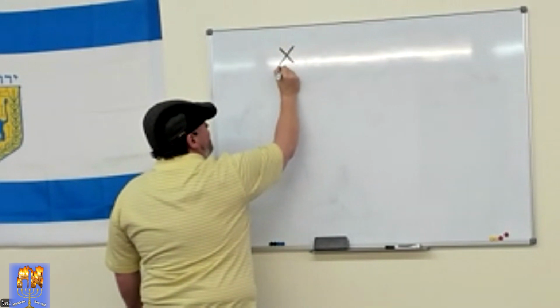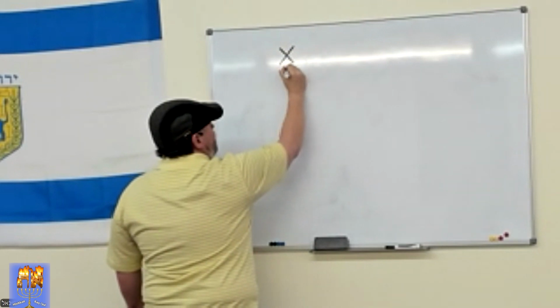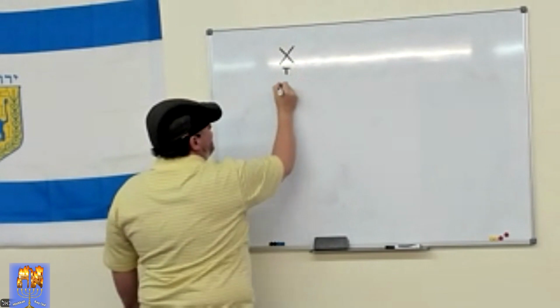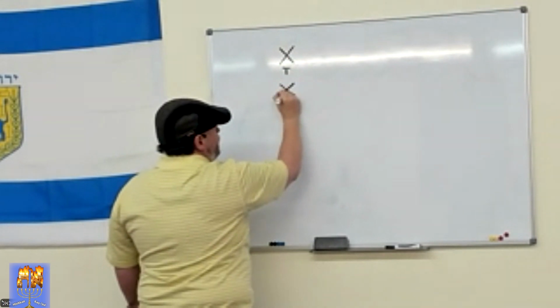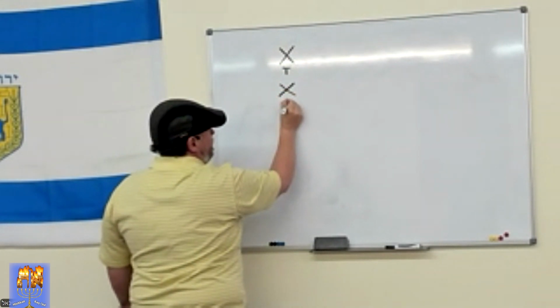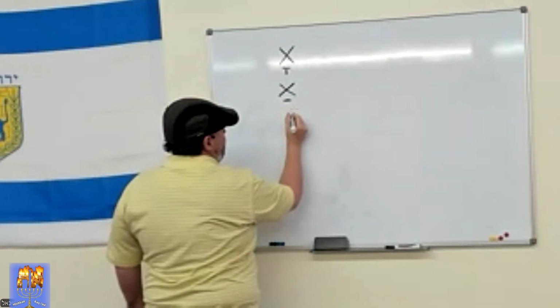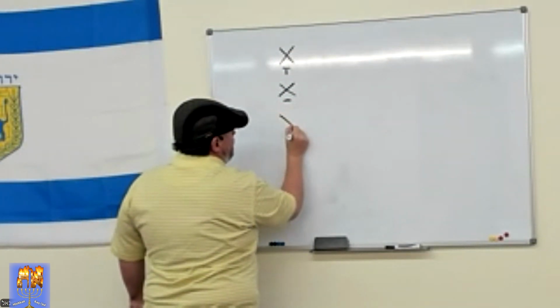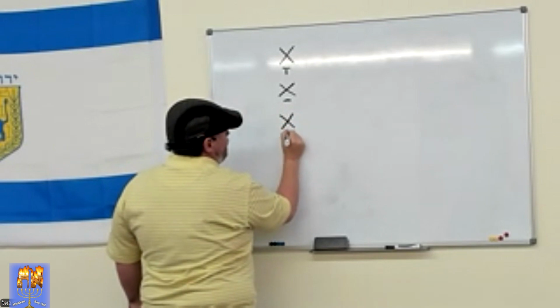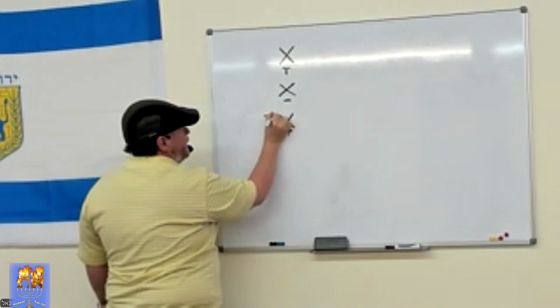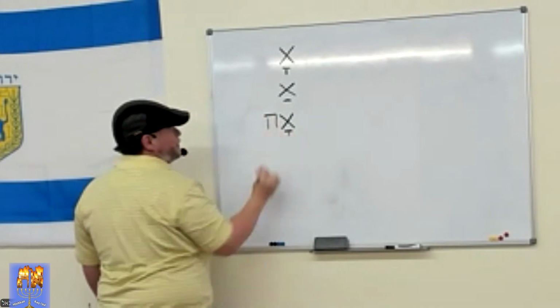And so for A-type vowels, we have this one that looks like a T. We also have one that just looks like a straight line. Okay? We also have one that looks like a T, right? And then there's the letter hey behind it.